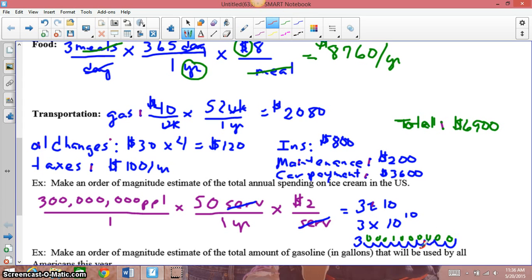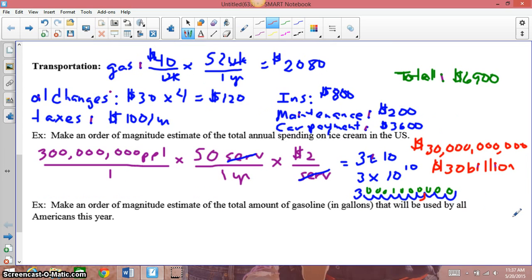Let me just write it over here. Should be 30 billion. Of course, you can write it with all the zeros, or you could just write 30 billion.